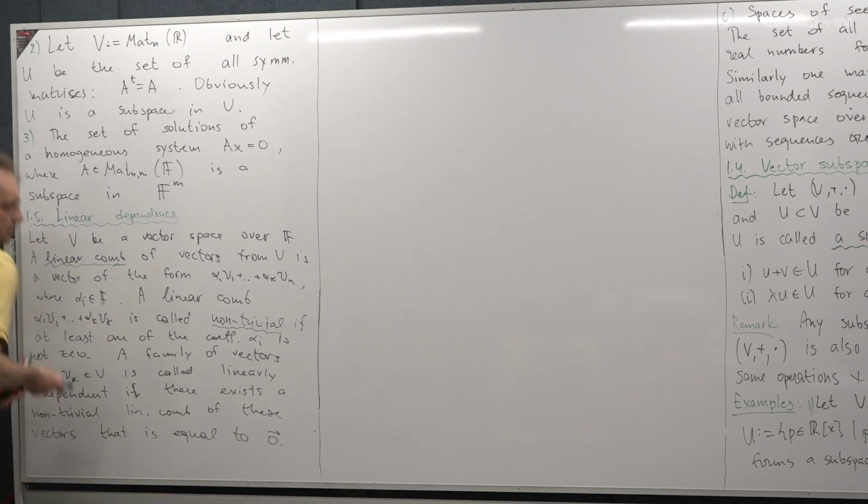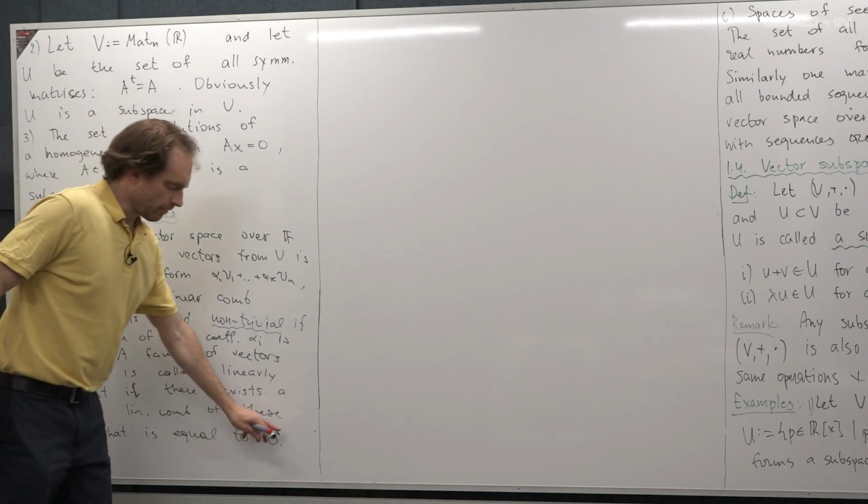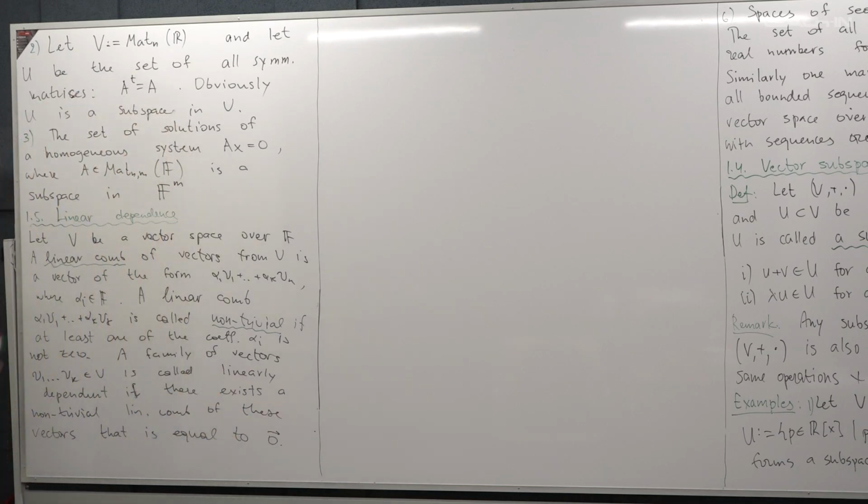Sometimes I write this zero vector with an arrow, but of course I will not put the arrow in all cases, just because it is more or less obvious.